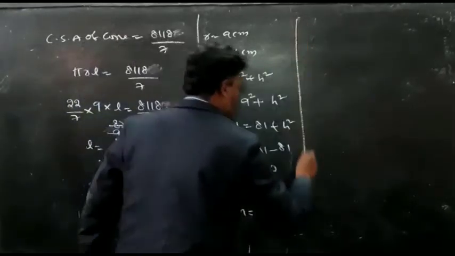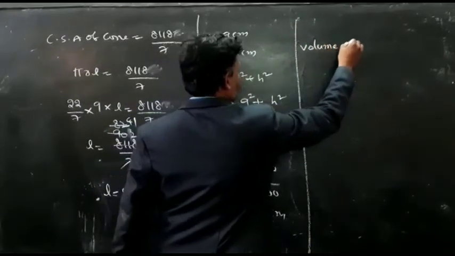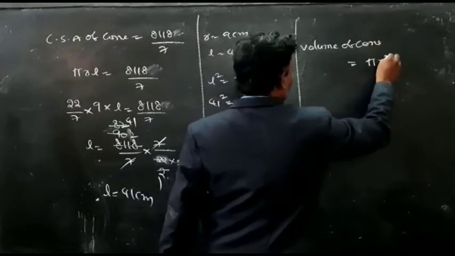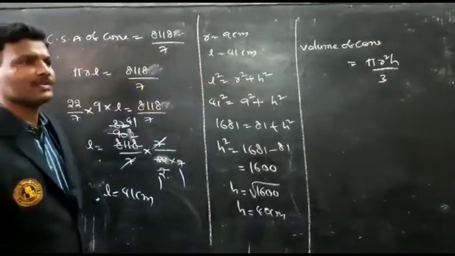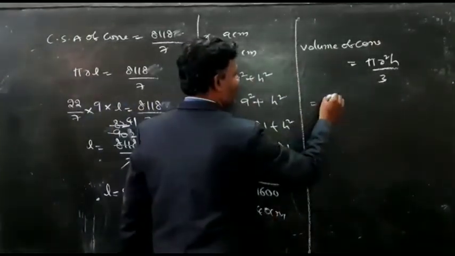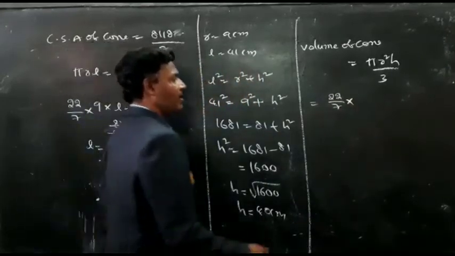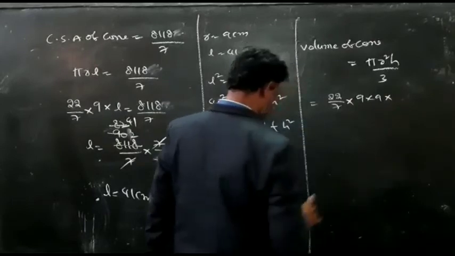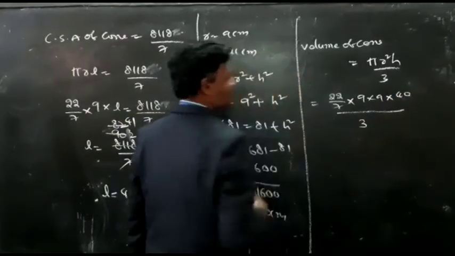Next, what do I need here? I need the volume. Volume of cone is equal to pi r square h by 3. What is the value of pi here? 22 by 7 into the value of the radius 9 into 9 into the value of the height 40 by 3.